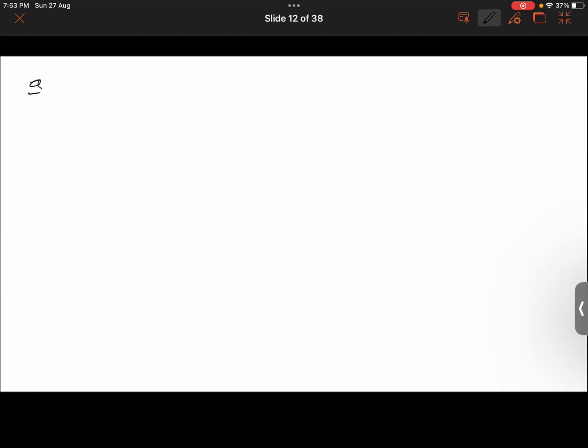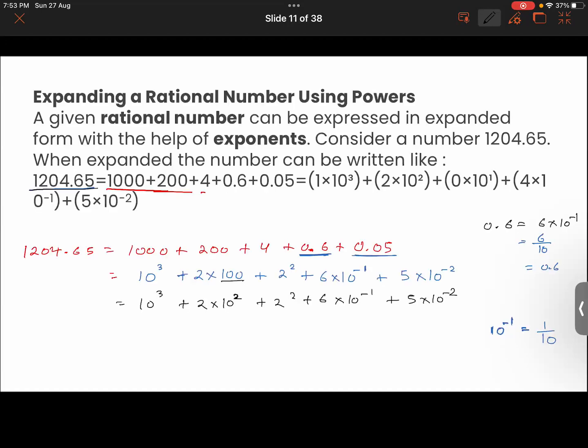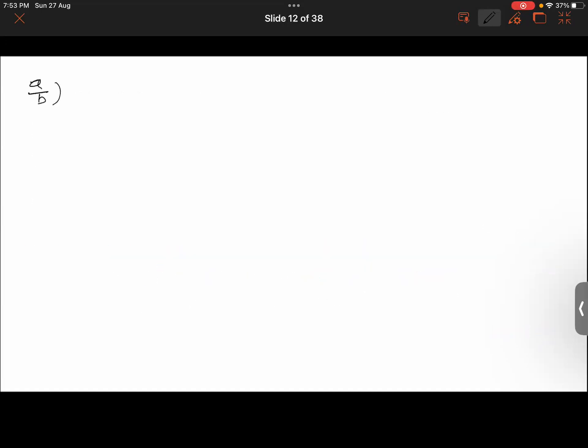Now, suppose I give you another number, a upon b. This is a rational number, and I keep on multiplying it up to, let's say, n times. How many times? I don't know.